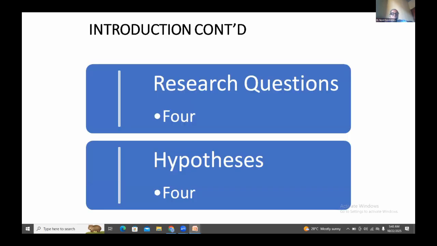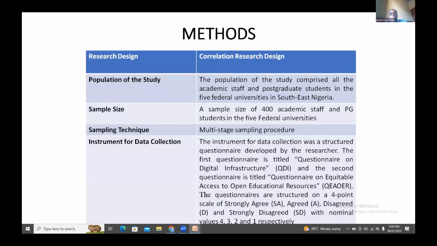Four research questions and 4 hypotheses guided the study. The study adopted a correlation research design. The population comprises all the academic staff and postgraduate students in the 5 federal universities in Southeast Nigeria. A sample of 400 academic staff and PG students in the 5 universities was drawn using a multi-stage sampling procedure.